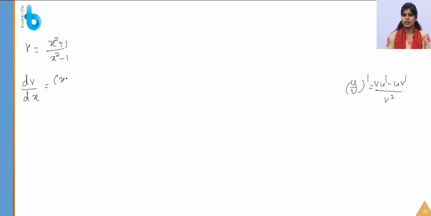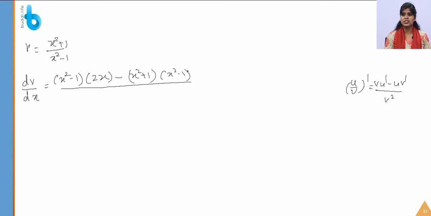Here v is x square minus 1, u' is the derivative of x square plus 1, which is 2x, minus u, which is x square plus 1, v' is the derivative of x square minus 1, so on differentiating you will get 2x again. The denominator is x square minus 1 the whole square.